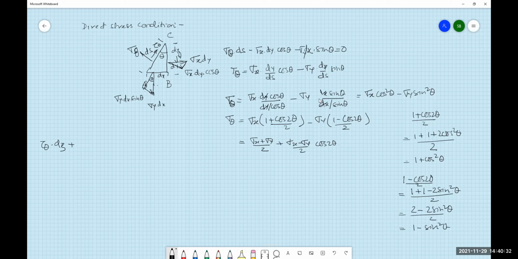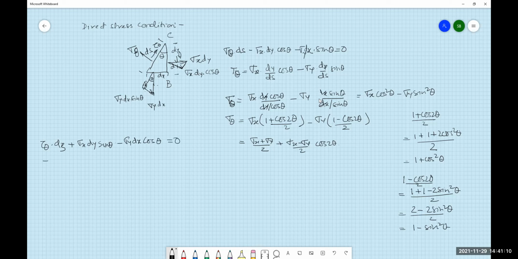So sigma x dy into vertical component is equal to sine theta, plus tau theta acting along this, and another line, whose vertical component is minus sigma y into dx into cos theta, which is equal to 0.